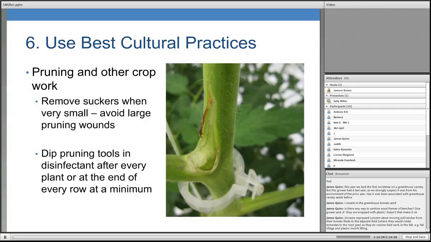And also they're expensive. But if you don't want to do that, you can dip the pruning tools into a disinfectant after every plant. Again, we're finding practically a lot of growers don't want to do that, but at least at the minimum, at the end of every row to try to contain a problem, particularly canker, again, because it's systemic in plants and you can easily move it.